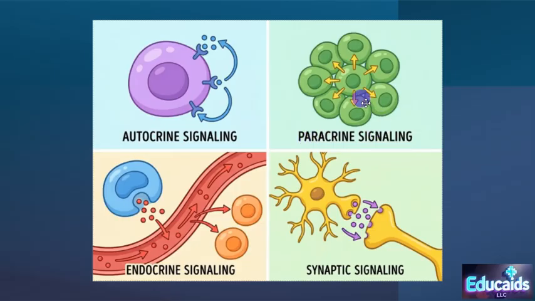Paracrine signaling is when that cell is communicating only with other cells that are like it. Synaptic signaling, that's between two neurons, just kind of jumping over a synaptic cleft. And then endocrine signaling, that has to do with hormones and cholesterol, and that can communicate over long distances, over your bloodstream. So that goes into your bloodstream and goes other places.